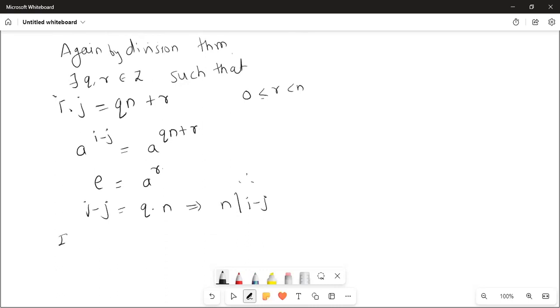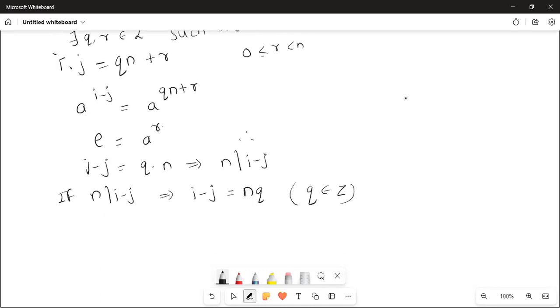And if n divides i - j, then i - j = nq, that means q belongs to Z. And therefore a^(i-j) = a^(nq) = (a^n)^q = e^q, that means value e.